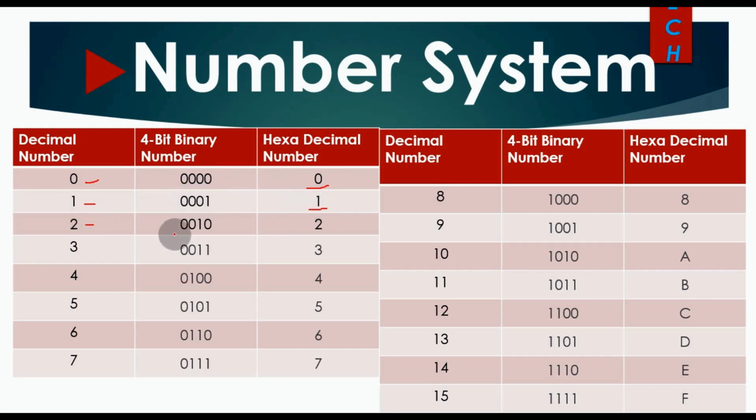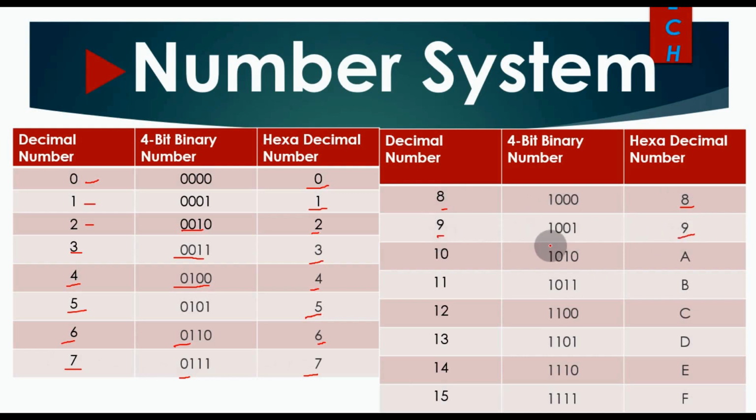For 2 it is 0010, here it is 2. For 3 it is 0011, here it is 3. For 4 it is 0100, here it is 4. For 5 it is 0101, here it is 5. For 6 it is 0110, here it is 6. For 7 it is 0111, here it is 7. For 8 it is 1000, this is 8.